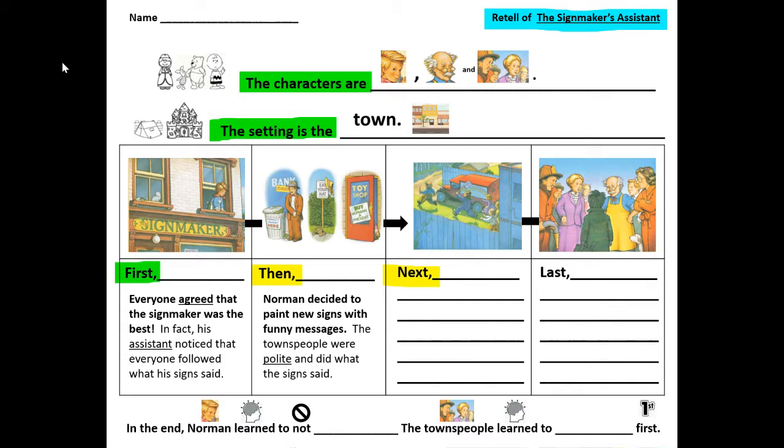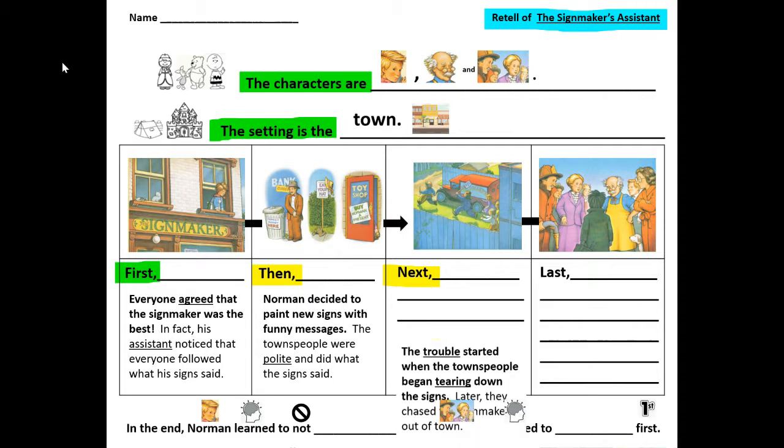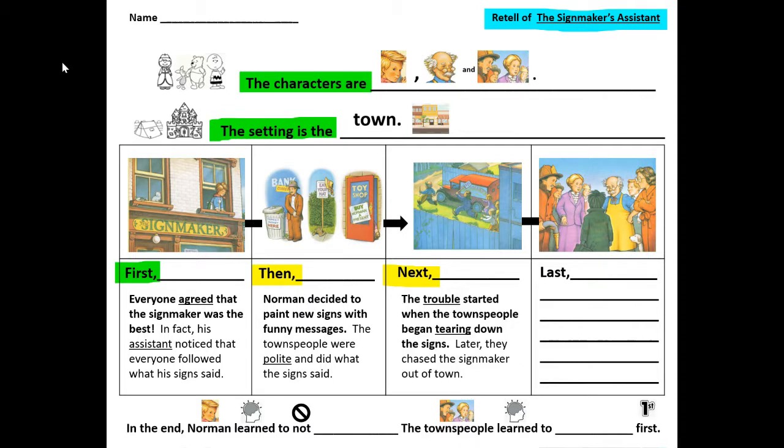Next, what did the townspeople begin to do? Well, the trouble started when the townspeople began tearing down the signs. Later, they chased the sign maker out of town.